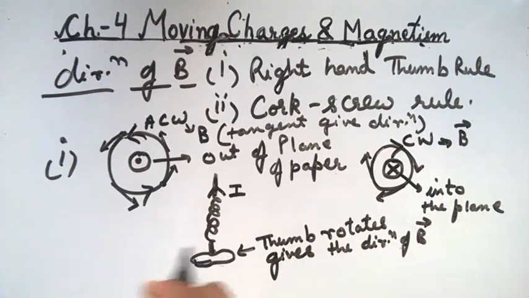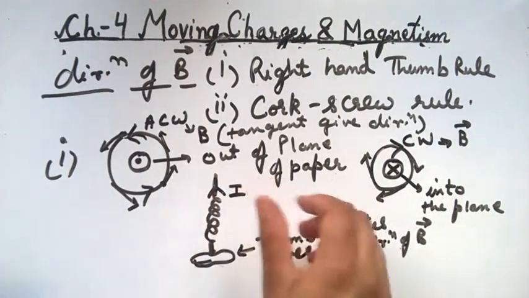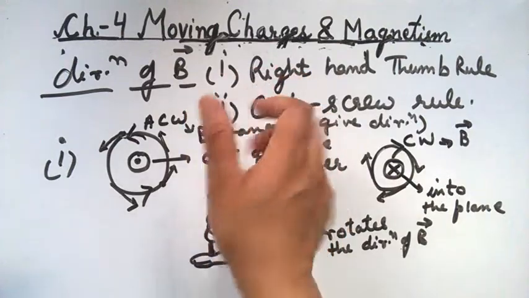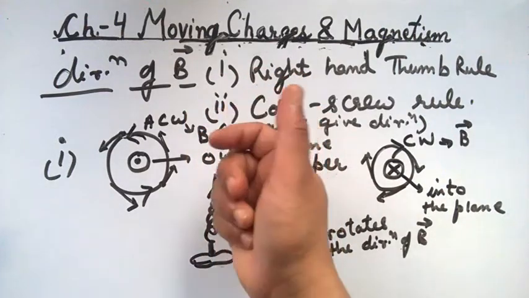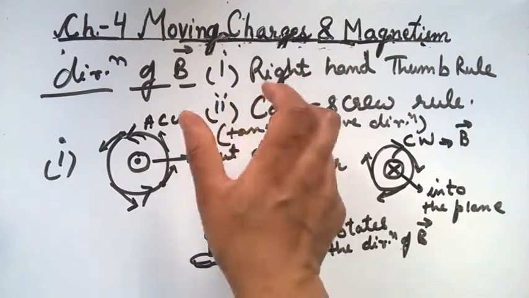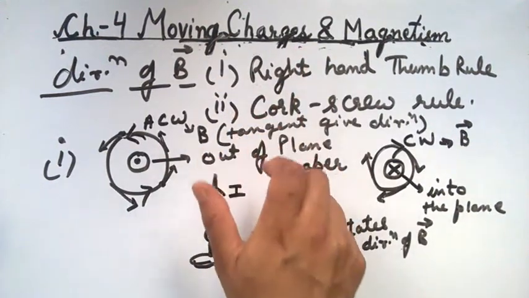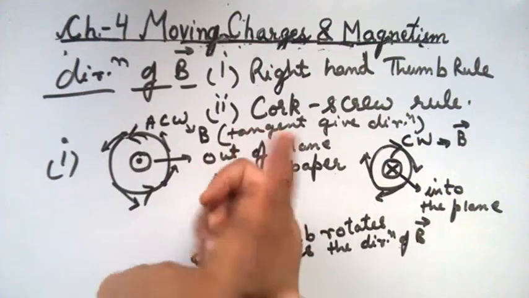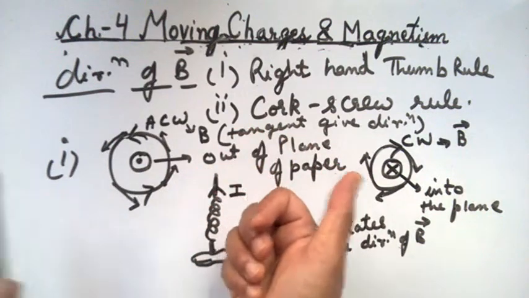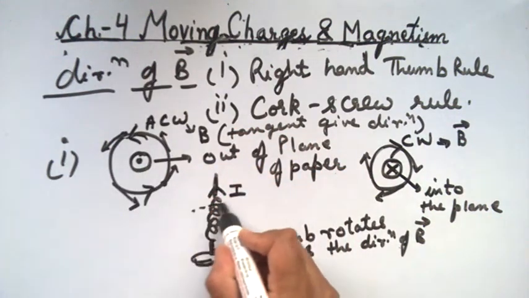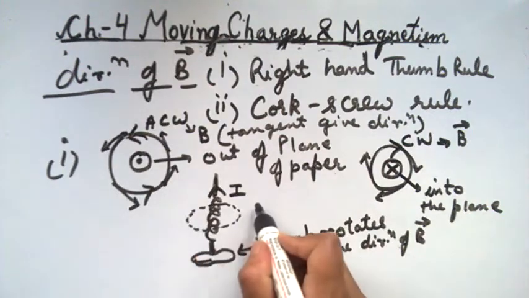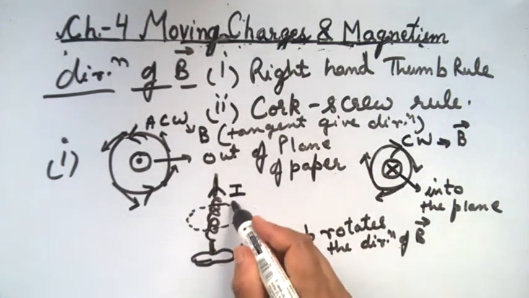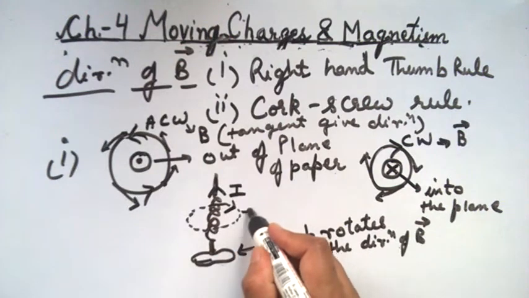That is, when we tighten the screw in such a way, the screw is advancing or moving in the forward direction. So this is considered as the direction of current, and where the thumb rotates gives the direction of magnetic field. So here the direction is clockwise. Clockwise for magnetic field.